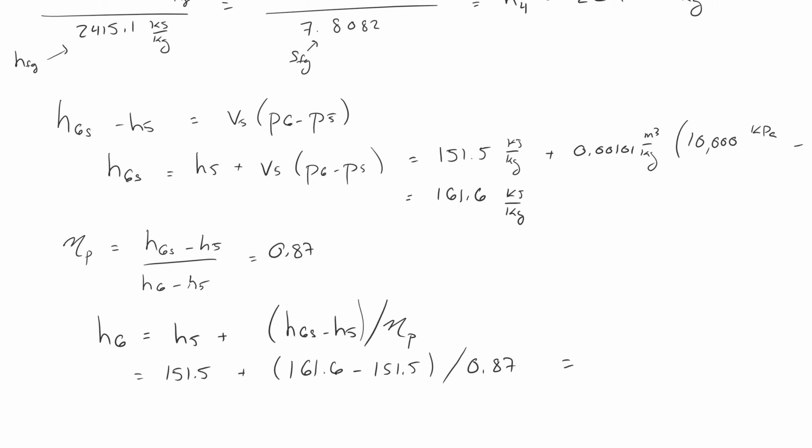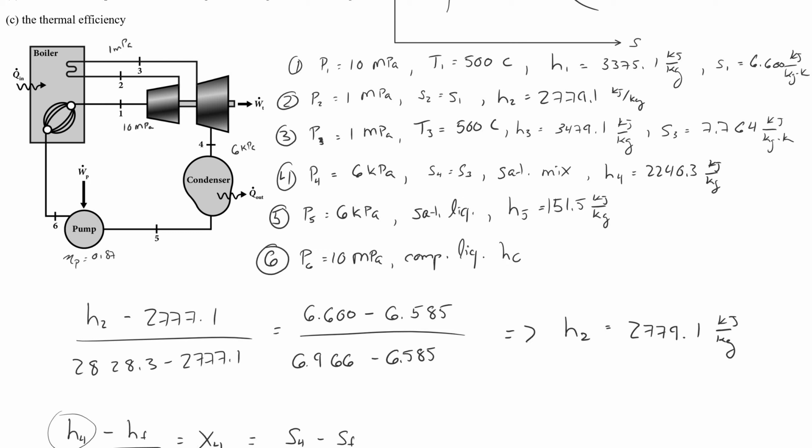All right, and that gives me an enthalpy of 163.1 kilojoules per kilogram. We'll scroll up and fill that in. H6, 163.1.